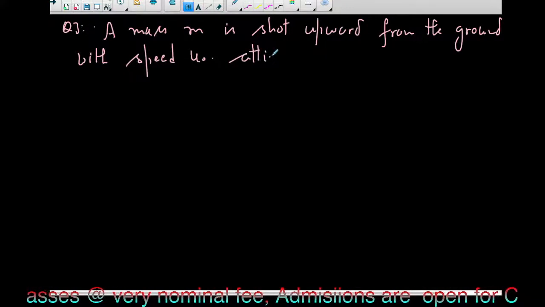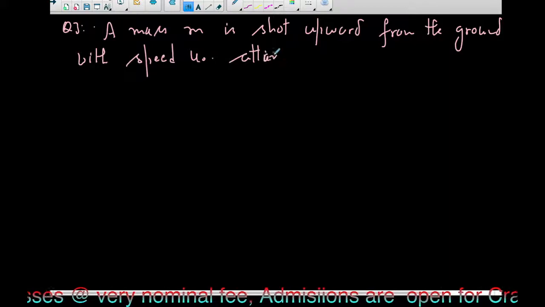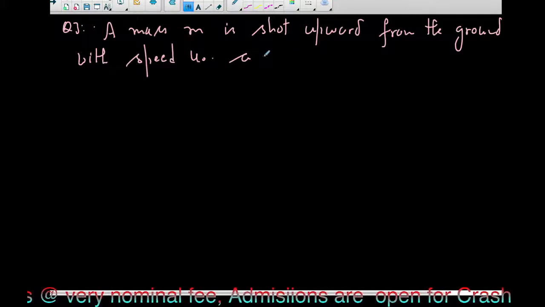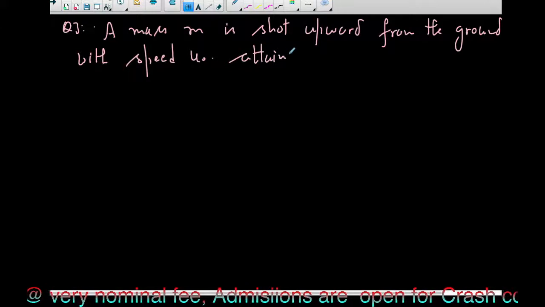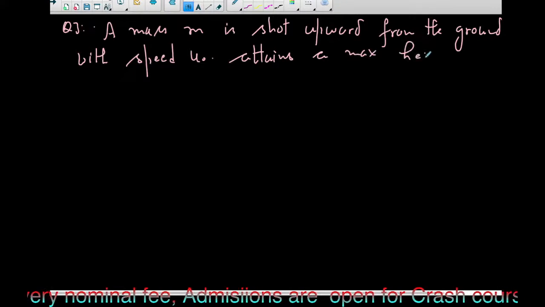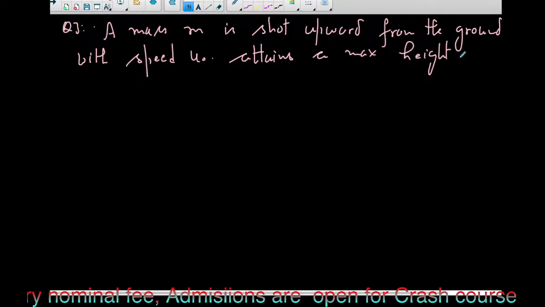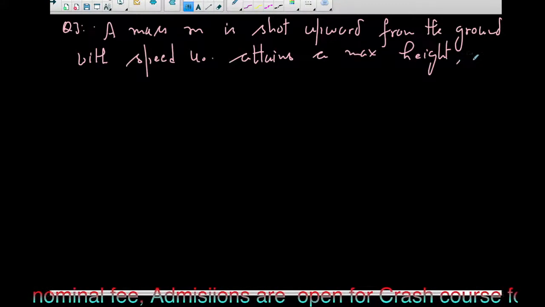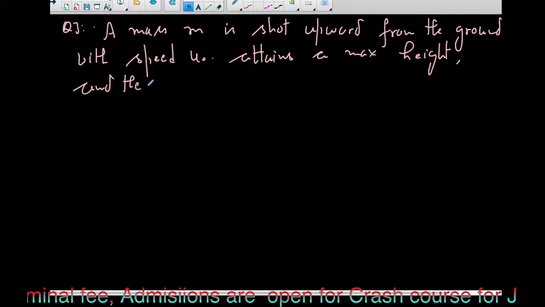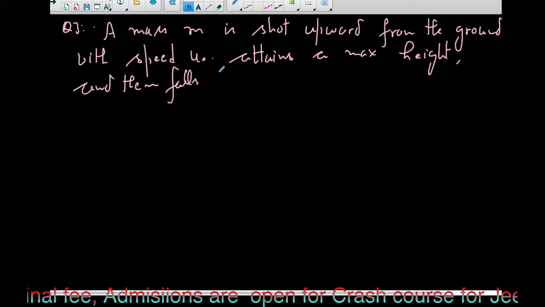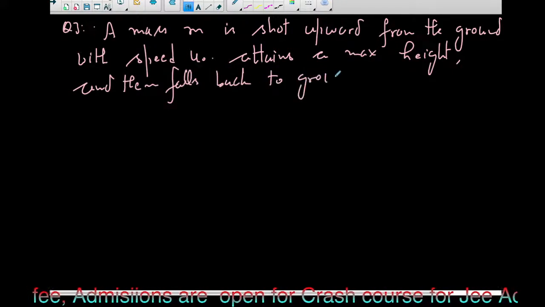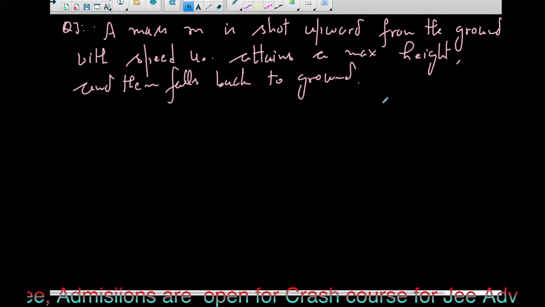It is simple motion under gravity. It attains a maximum height, and then falls back to the ground.